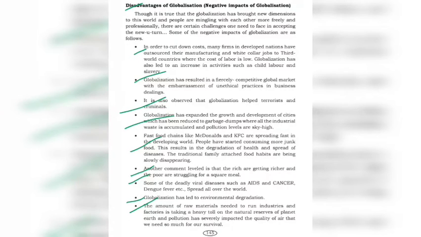In the name of globalization, we started overusing our natural resources. We have started consuming more and more of the natural resources, which in turn has resulted in their depletion.